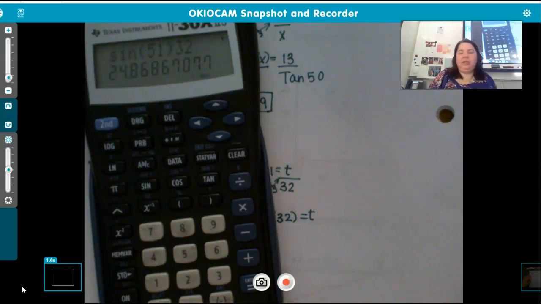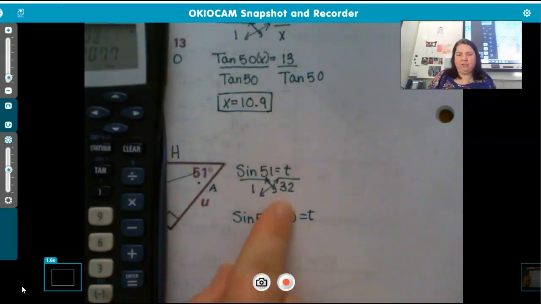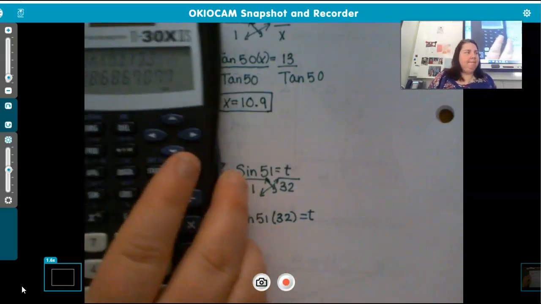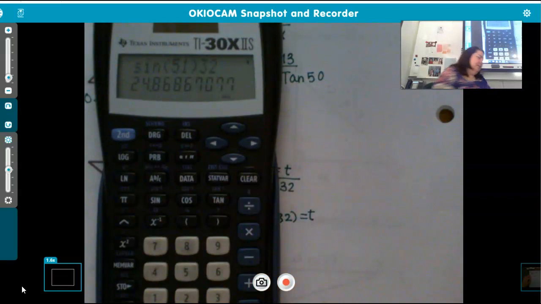Yes. So then you put, as it's written, 51. Look at her calculator right there. It might be hard to see. Sine 51. Close the parentheses. Then 32. We're multiplying by 32.